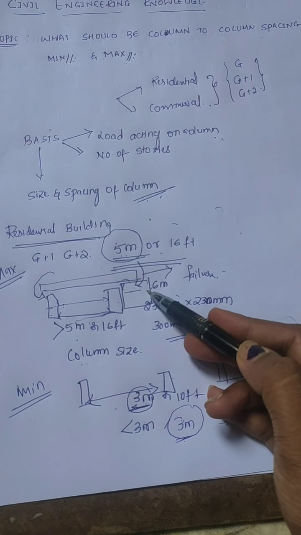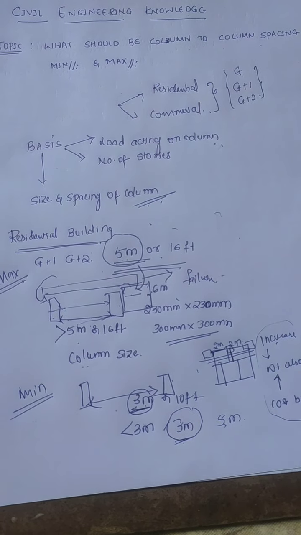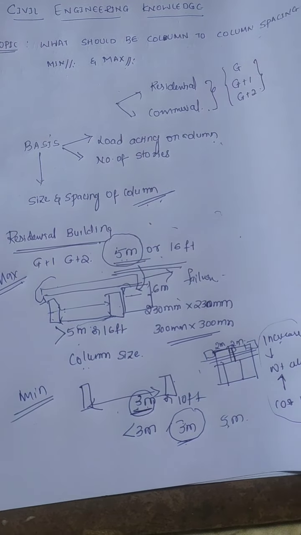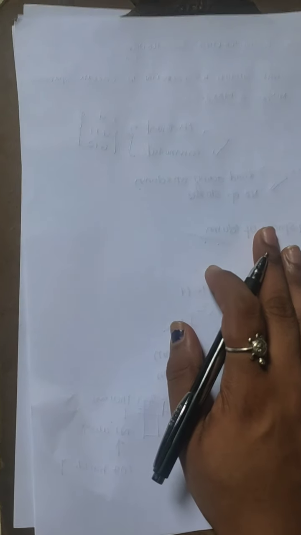Okay, so next we will discuss the column sizes. What is the minimum column size you can adopt for buildings? The minimum you can adopt is 230 mm into 230 mm.